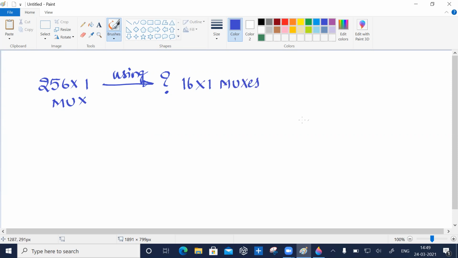So how many do you get? Very simple. 16. Again divide by 16, 17. So the answer is 17. So I require 17 16 by 1 muxes to implement a single 256 by 1 mux.